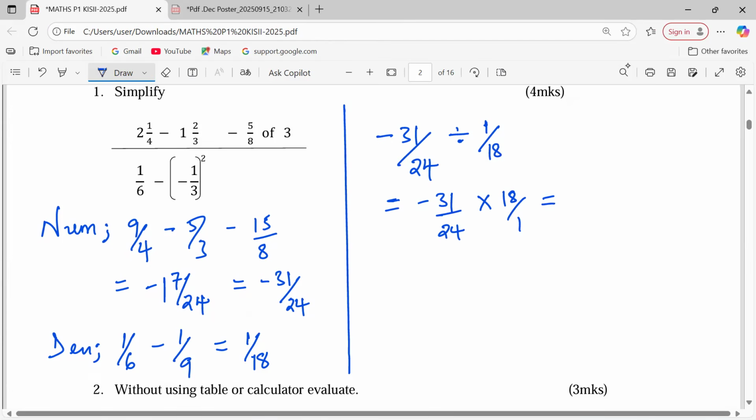And what will this give us? -31 over 24 multiplied by 18 gives us exactly -23 1/4. So this is now the final answer.